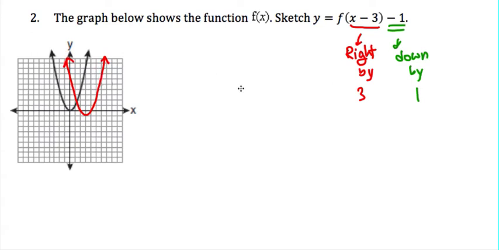How about that? So our red one will be the position of our new function. Notice it moved to the right by 3 units and went down by 1 unit. That's basically what's happening. Alright, let's move on to the next question.